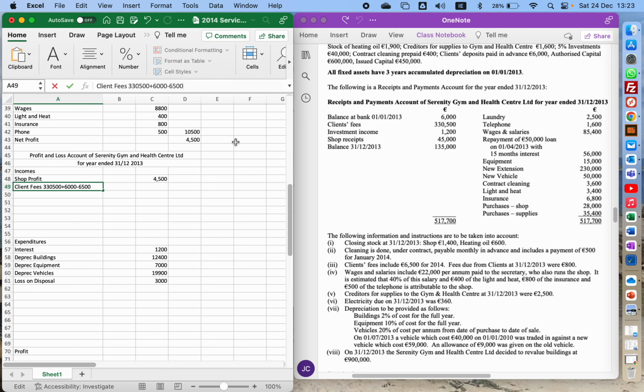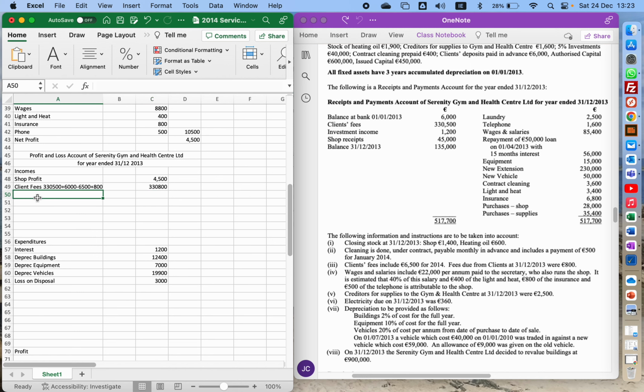And then we've got clients' fees at the end of this year due, which should have been paid, so I'm going to add that in as well. Okay, right, that's clients' fees.